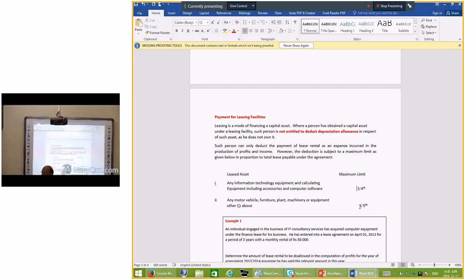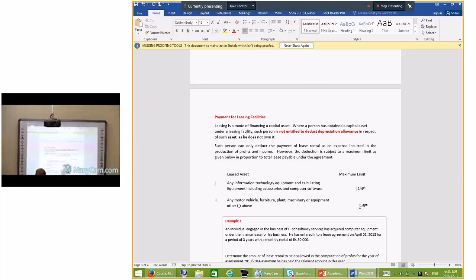Here the restriction under section 26 applies: it must be restricted to 1/5 of the total lease, 4.8 million, and 1/5 comes to 960,000. But he has paid 1.2 million, so 240,000 is disallowed, right? In that way the lease is disallowed, right?